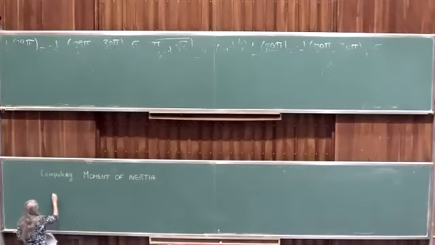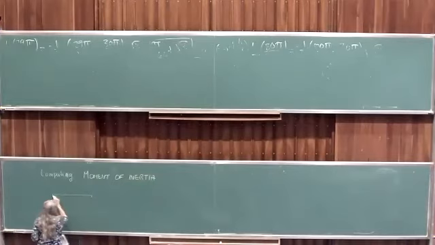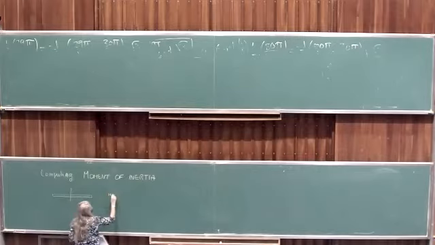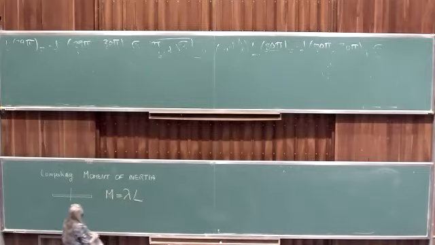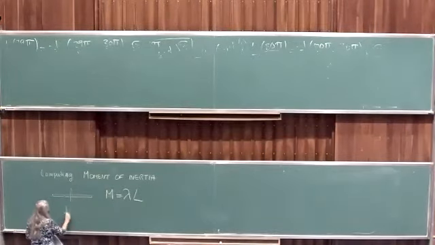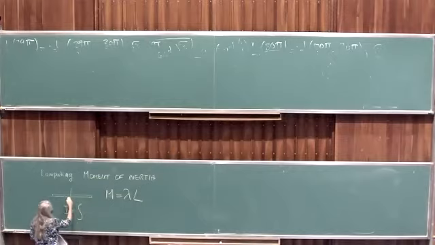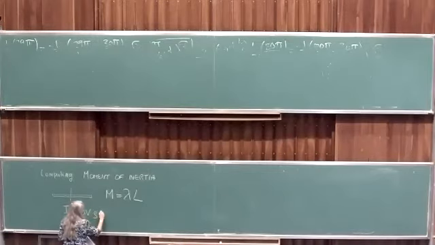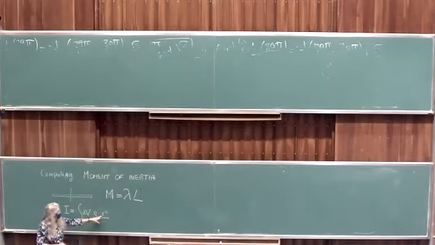One of the examples we did was a rod. Let's remind ourselves. The mass of the rod was a linear mass density times the length. Our formula for the moment of inertia about some rotation axis was the integral of dV ρ r squared, where r is the distance from the rotation axis.